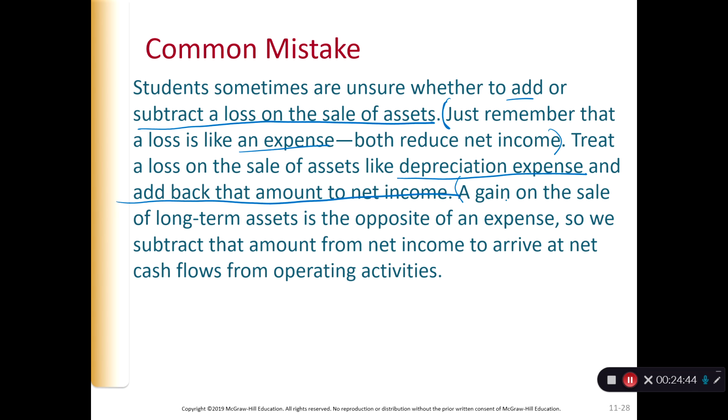Similarly, a gain on the sale of a long-term asset is the opposite of an expense, so we subtract that amount from net income to arrive at net cash flow from operating activity. Basically, you add a loss on sales of long-term assets and you minus the gain on sale of long-term assets.